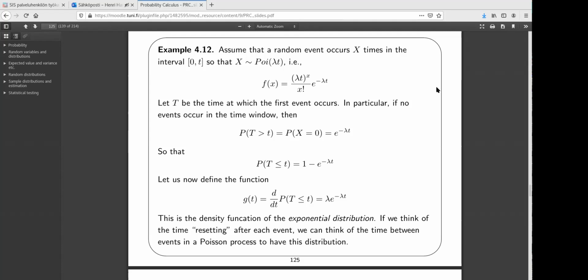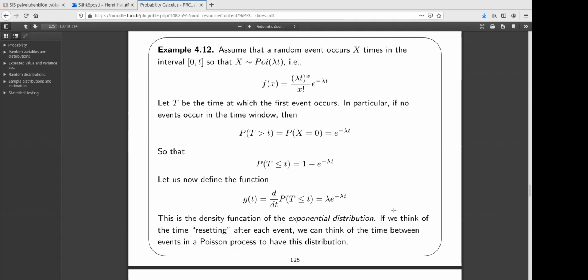Now recall, the probability that this time is smaller than t, this is clearly this one here. Let me just annotate this a little bit. So this here is clear. We have a probability that something is smaller than this t. Here's the function that describes that probability.